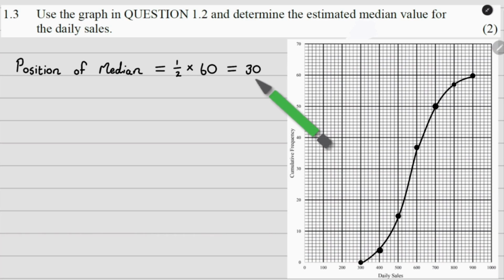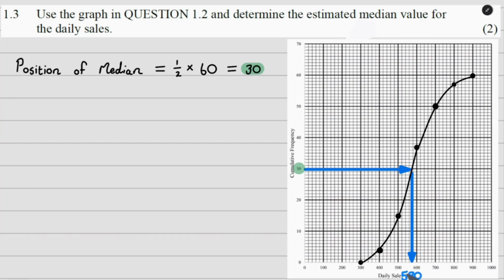So what we're going to do is we're going to find 30 on the y-axis here, the cumulative frequency axis. And then once we found 30, we're going to go across to our Ogive, and then we go down and we find the estimated median. So you can see here these divisions are like 20 bucks. So that's like 500, 520, 540, 560.